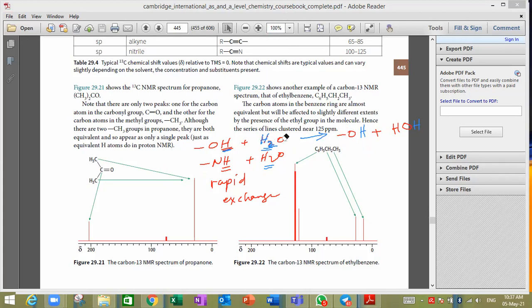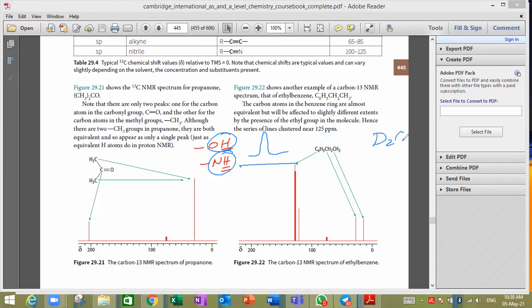The second thing is that if we are doing our proton NMR spectrum, for both the OH and the NH, we get a peak corresponding to this OH or NH. If we want to make sure that this peak is for an OH group or an NH group, depending on our molecule, of course, and not a CH, we are going to do our NMR spectrum normally, and then repeat the NMR spectrum in what we call deuterated oxide.